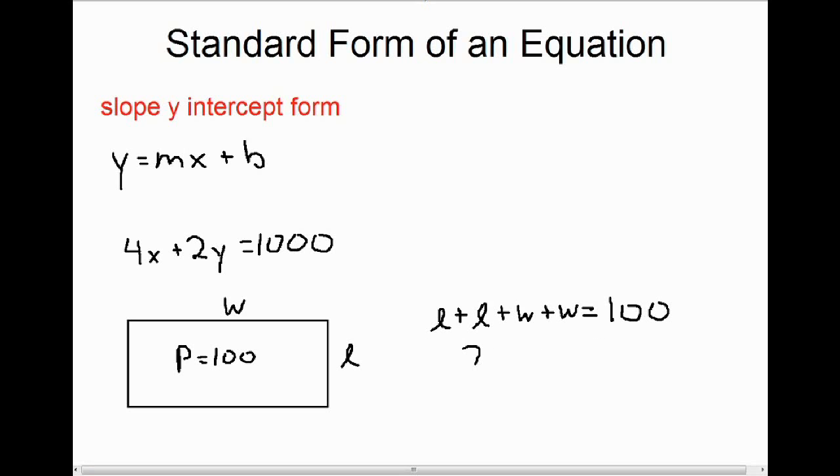L plus L is 2L, and plus W is plus 2W. And again, it equals 100 because I'm saying the perimeter is 100. Now we can't solve for W and L here, but it is a linear relation. If we knew what W was, we could figure out what L is. And if we plotted those points on a graph, it would make a line. But again here, we can see this equation is not written as y equals mx plus b.